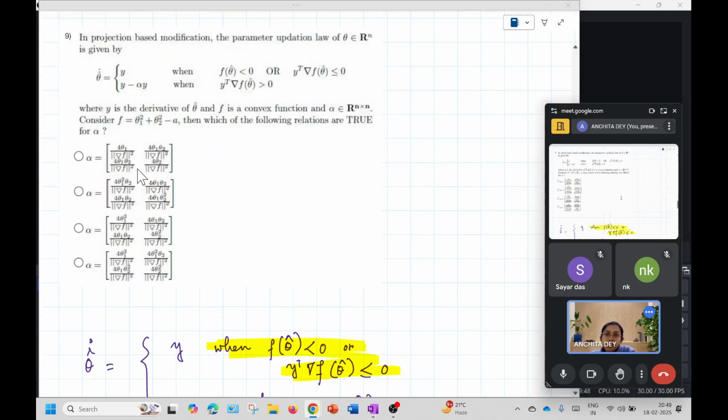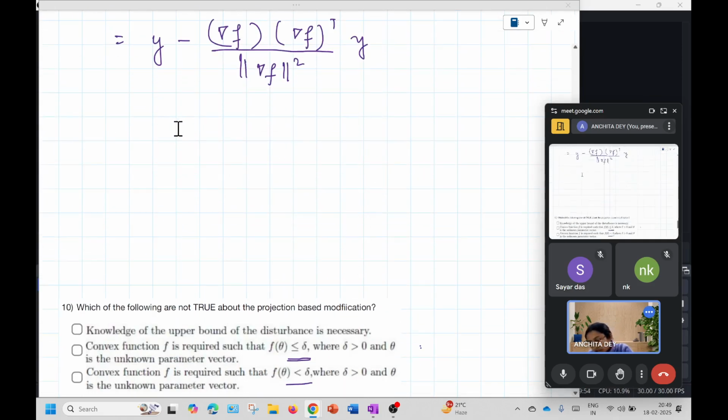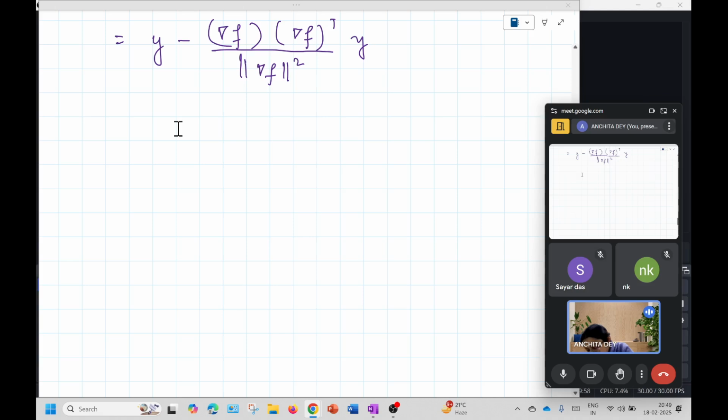So what was f? f is theta 1 square plus theta 2 square minus a. So we have f equal to theta 1 square plus theta 2 square minus a.